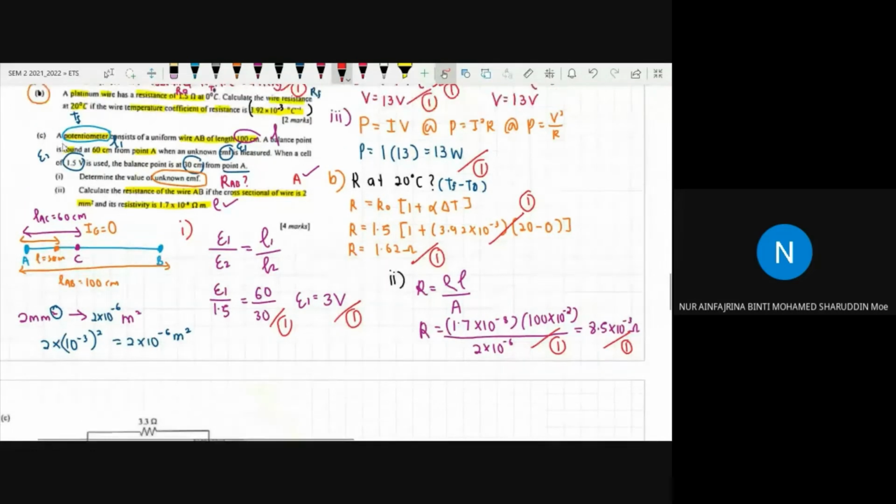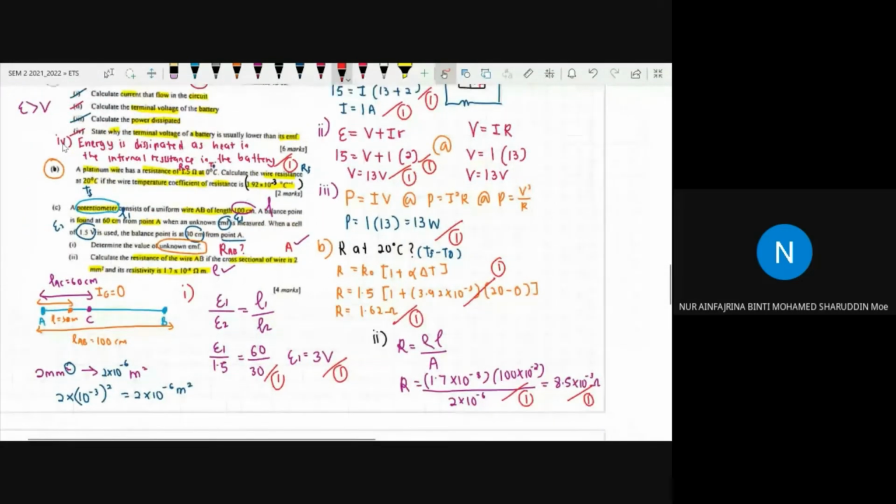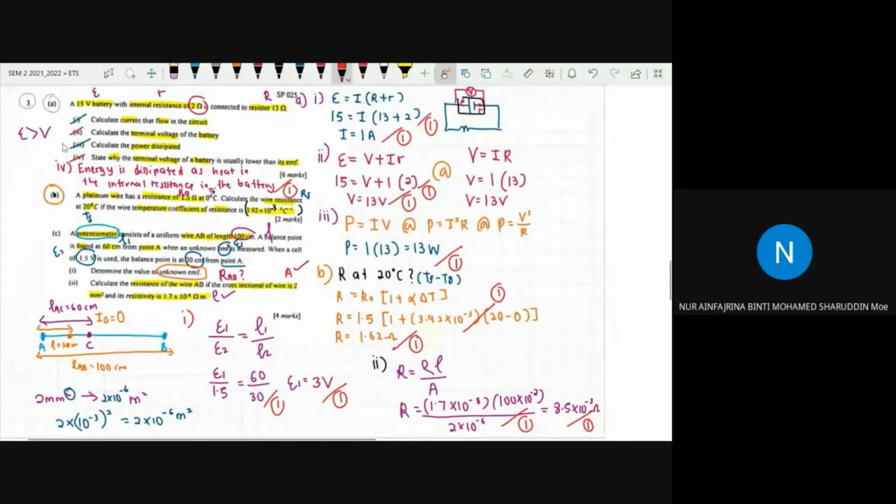Okay, boleh? So I would like to know soalan C, siapa dapat full mark tekan nombor 1. Siapa dapat kurang daripada 4 markah, kurang daripada 3 markah tekan nombor 2. Okay, very good. Hakim, awak salah kat mana?